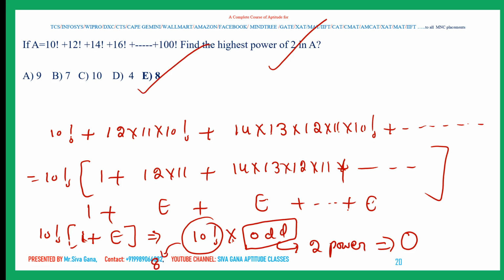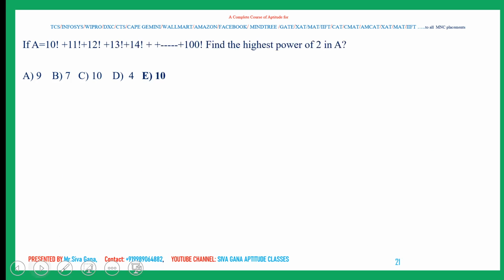So the answer for this question is 8. And the rest of the term is odd. For the odd term, there is no 2 power. So that is the reason why overall 2 power is 8. That's the answer for the question.